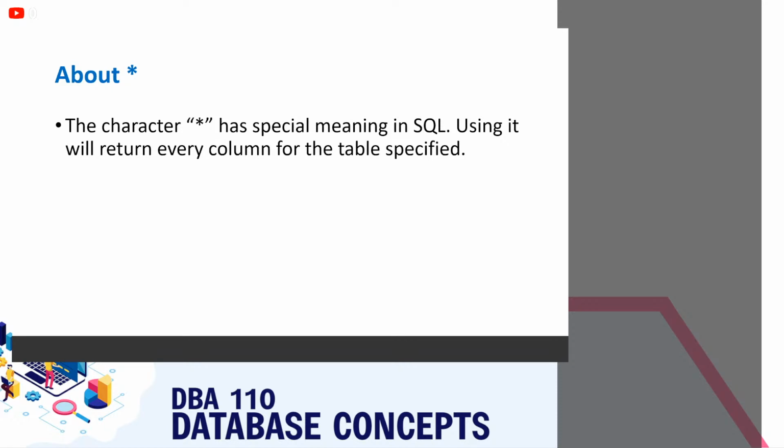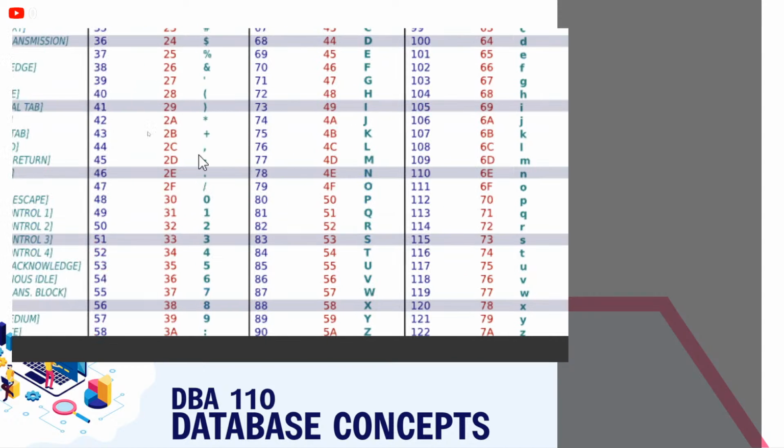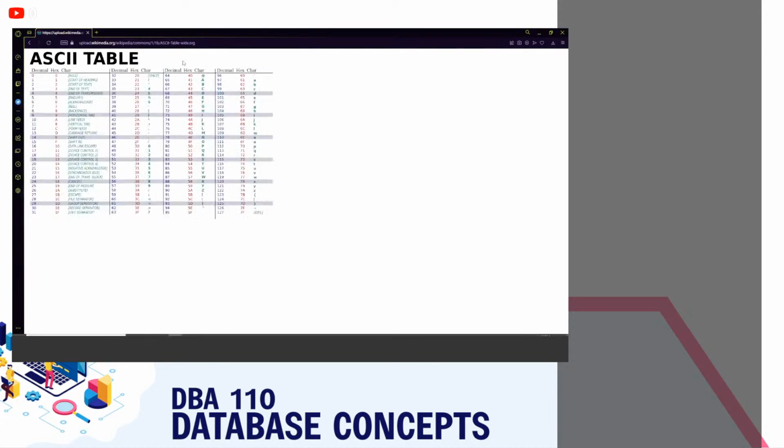And just to show you that really quickly, let's pull over that ASCII table that we like to show from time to time. Here's our ASCII table. And if we zoom right in on 42 right here, we see that it is an asterisk.